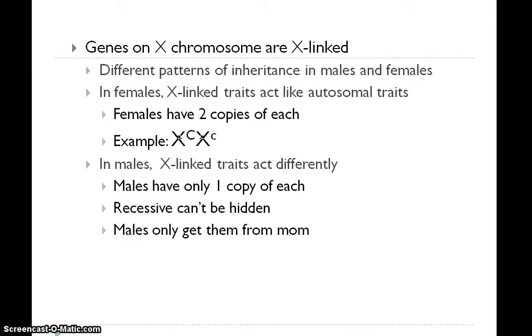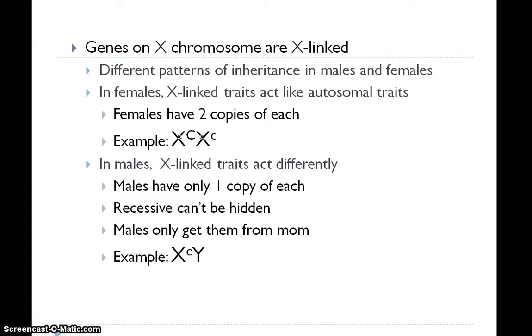Males will always get their X-linked allele from their mom. That's because their other sex chromosome is the Y, and they have gotten that from their father. When you write a sex-linked trait for males, you will write the X and the Y. Only the X will have an allele attached.